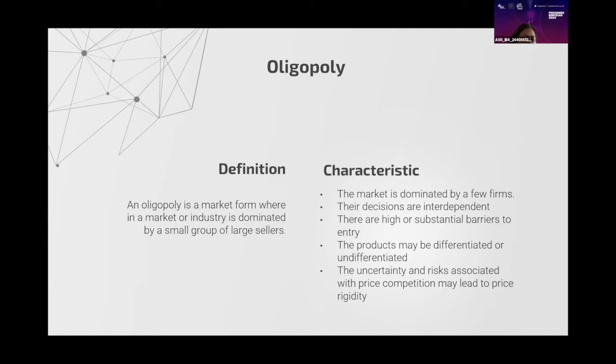And then the fourth one is the products may be differentiated or undifferentiated. And then the last one is the uncertainty and risk associated with price competition may lead to price rigidity.